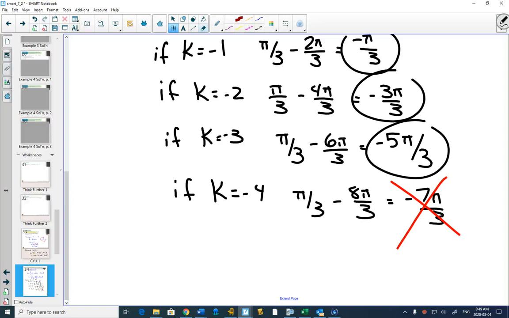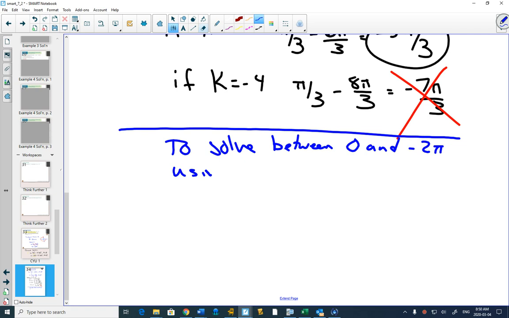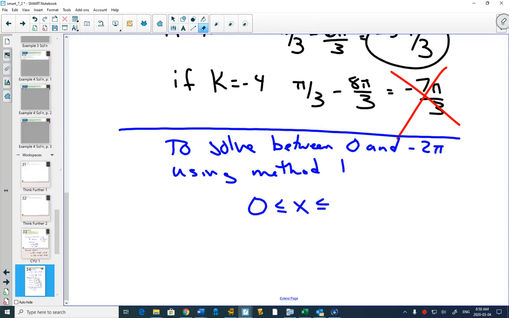If you wanted to solve between 0 and negative 2 pi using the first method that we looked at, the first method says, if my original domain for x is between negative 2 pi and 0, then 3x would be between negative 6 pi and 0.